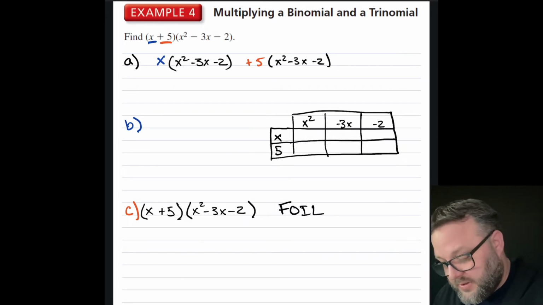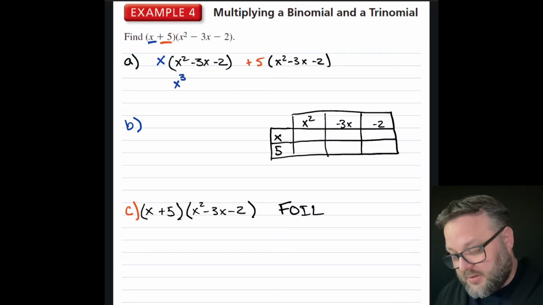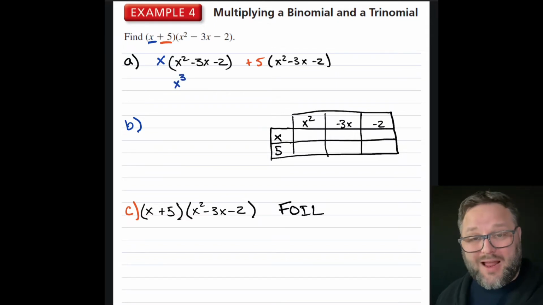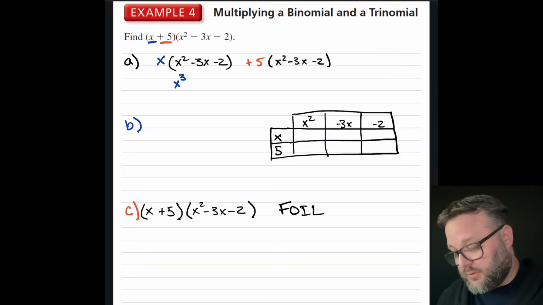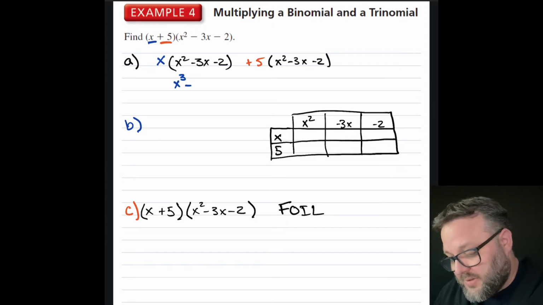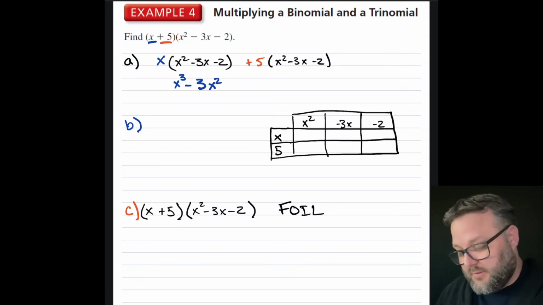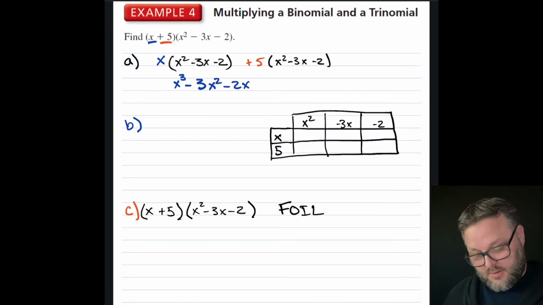So that becomes x cubed, because this is x times x squared. I add the exponents, 2 plus 1 is 3. This becomes negative 3x squared, same reasoning, and minus 2x.